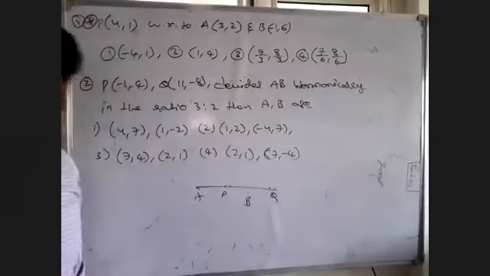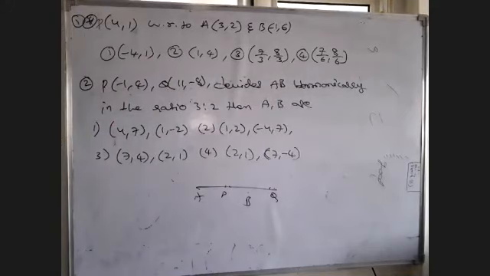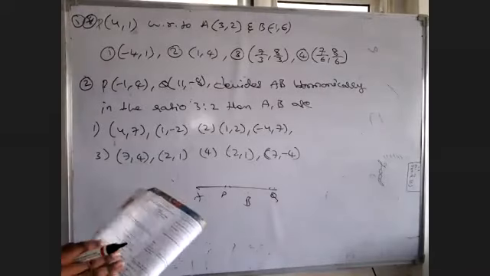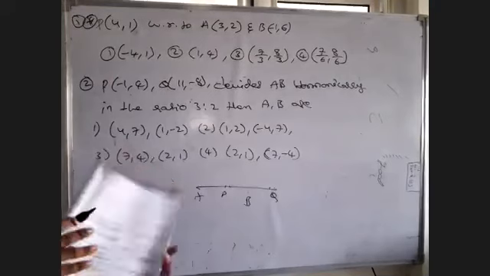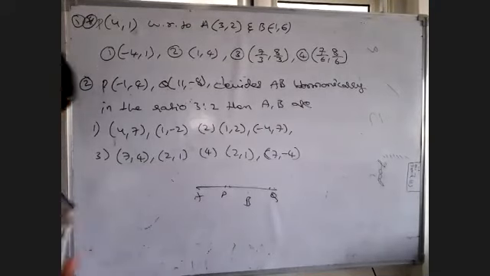Using the section formula with plus and minus, you will get the points. This is about harmonic conjugates.